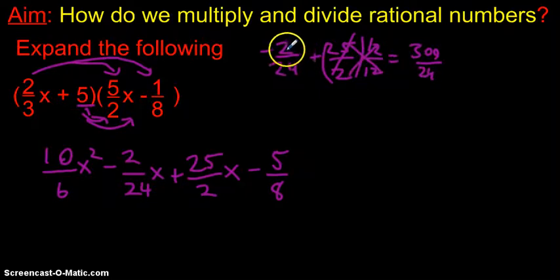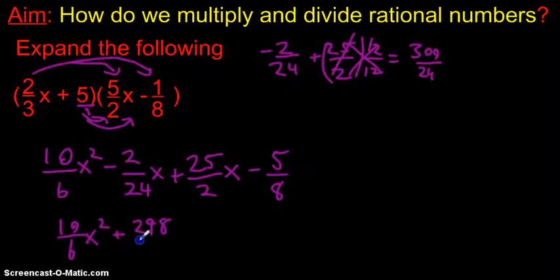So this is really negative 2 plus 300, which is 298 24ths. Minus 5/8 of 298 x over 24.